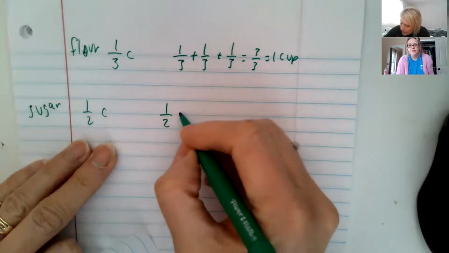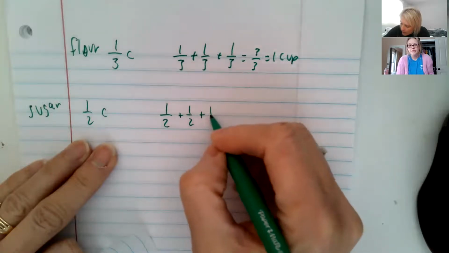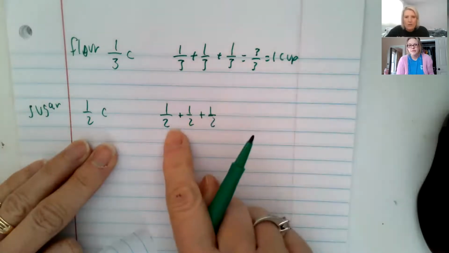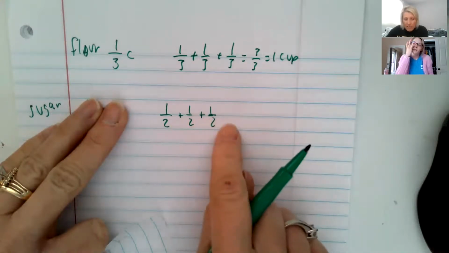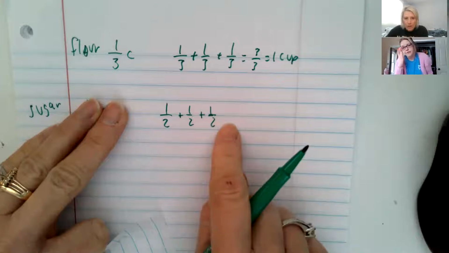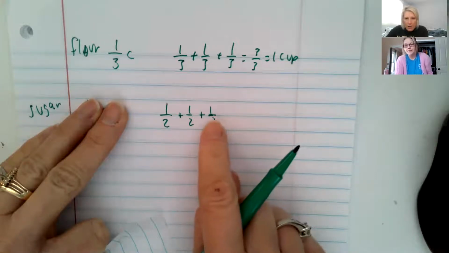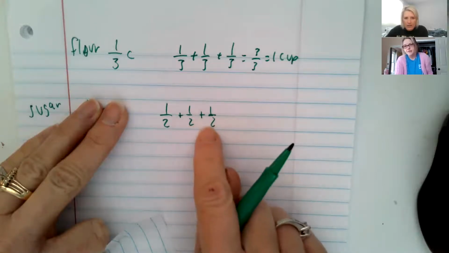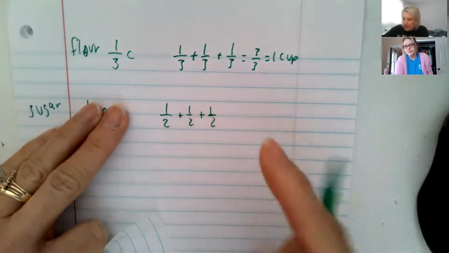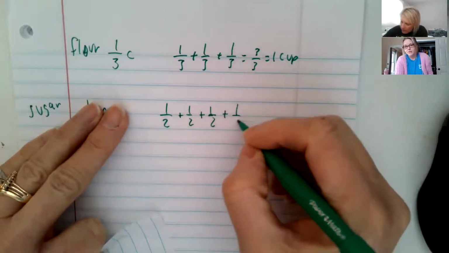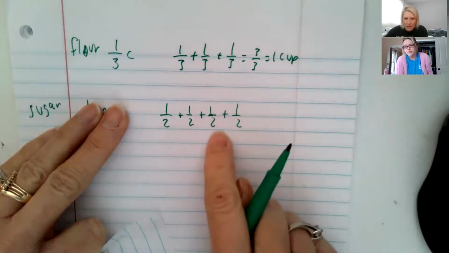So if I do 1/2 plus 1/2 plus 1/2, oh shoot. If I would have stopped at 2, I would have had 1 cup, right? But now I've got 1.5 cups. So what if I do this? How many more times can I go to get to the next cup? If I go another one, now I'm at 2 cups.